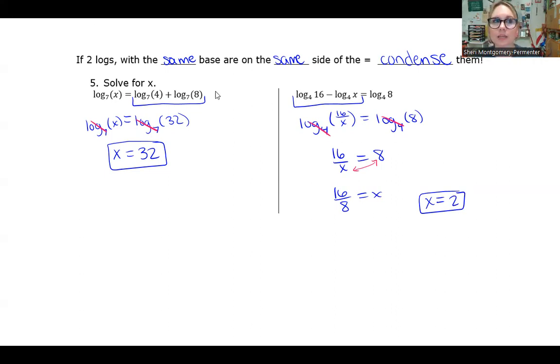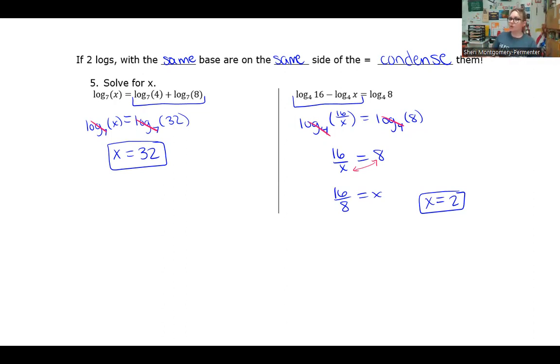This skill right here, where you have to condense something before you can solve, when I did the homework, I noticed that I didn't see any actually on the homework. Let me double check that you have some on your review, because you will have some on your test. Today's the last day of stuff we're learning before the test. Yes, like question number 25 and 28.